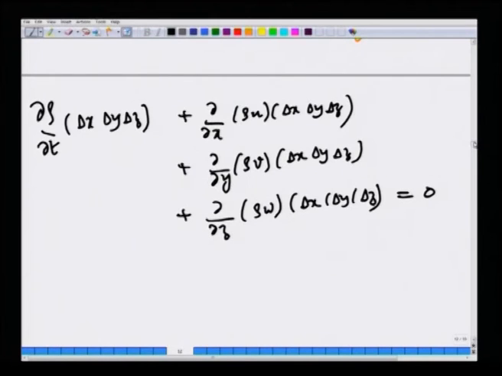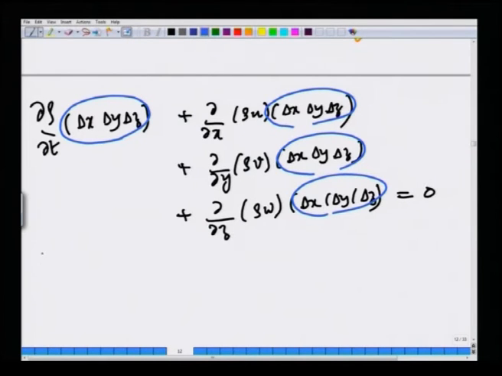Now, we find that delta x delta y delta z is common. So, divide the entire expression by the volume of the infinitesimal control volume element that we have chosen.